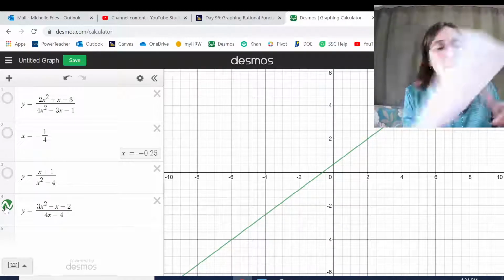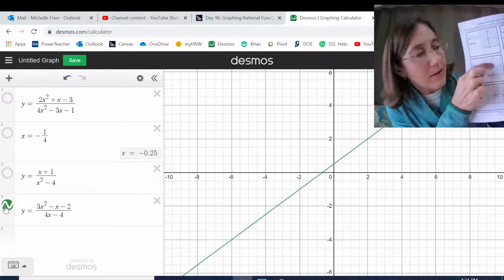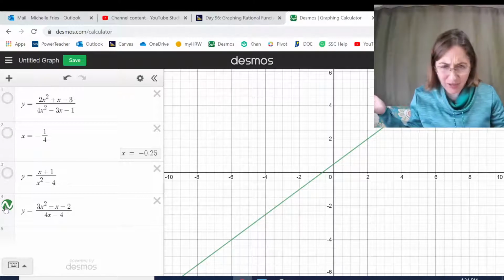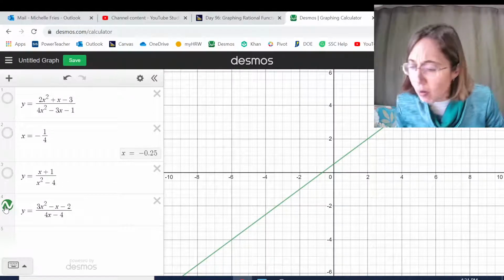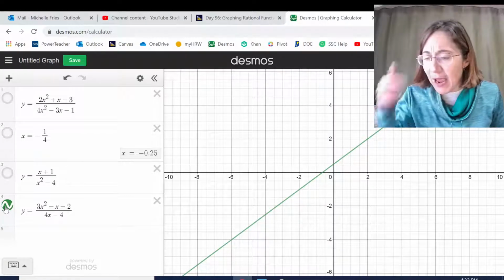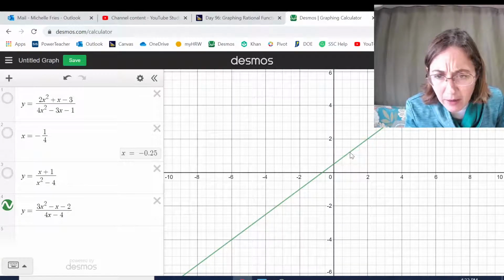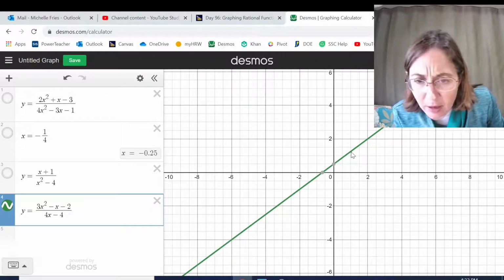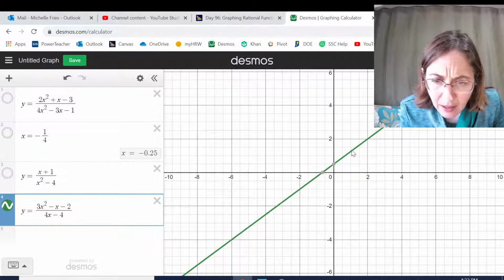But the thing I want to point out on the graph is there's this little hole indicated. There's this tiny little hole that they've drawn on the graph. But if you look at this, do you see a hole on Desmos? I don't. It doesn't look like there's a hole, but the hole on the paper looks like it's supposed to be at 1, 1. So let me come over here to where 1, 1 would be. Actually, the x value is 1. I don't know what the y value is. It's really kind of hard to get this to click right on the right spot here.